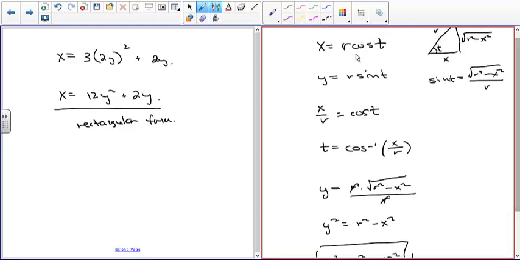So we started with the parametric form and used one of the equations, whichever one we wanted. It doesn't turn out to make any difference. I chose this one, divided both sides by r, and took the inverse cosine. That's t.